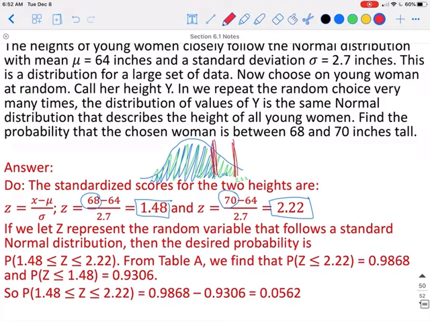Looking at the table, the probability of getting a z value less than or equal to 2.22 is 0.9868, and a z-score of 1.48 gives us an area of 0.9306. To find the area between those two, we subtract them, and we find that the probability that the woman is between 68 and 70 inches will be around 5%.